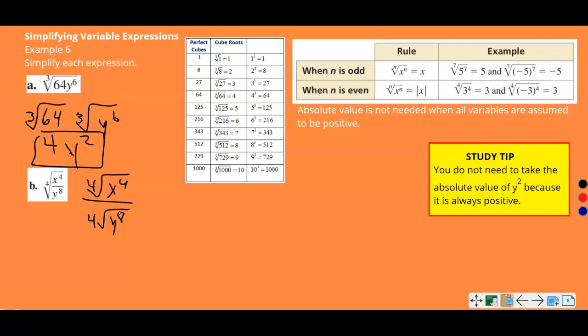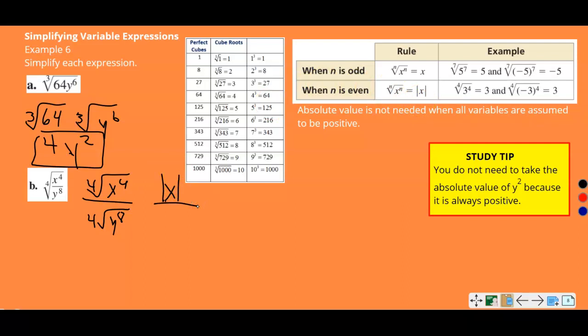So the fourth root of something to the 4th power is going to come out as just that. So it's going to come out as x. Because my n, or my index, and my power here were even, 4 is an even number, I'm going to put x in absolute value.